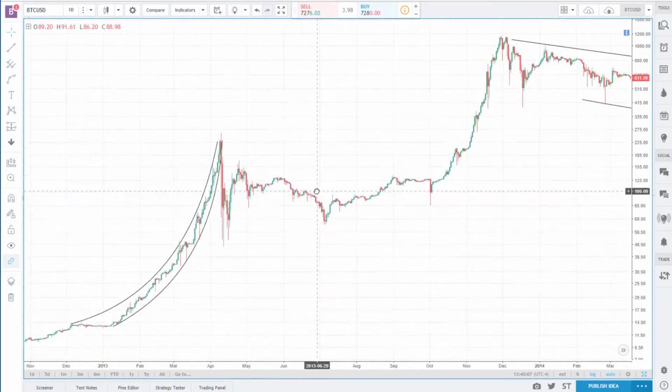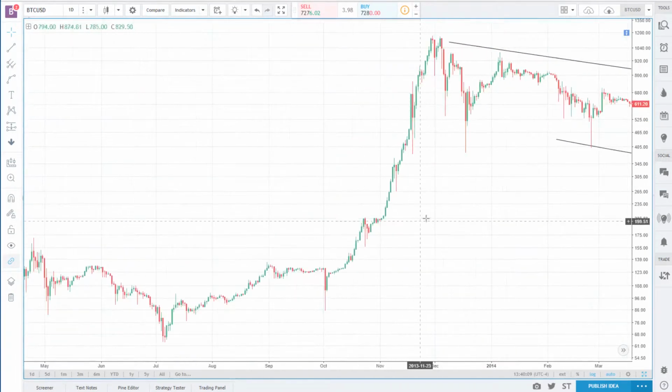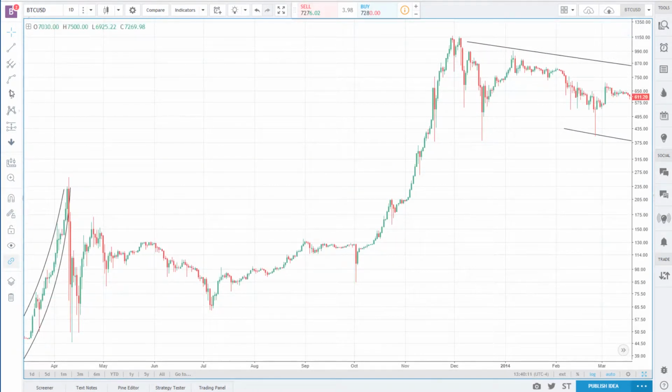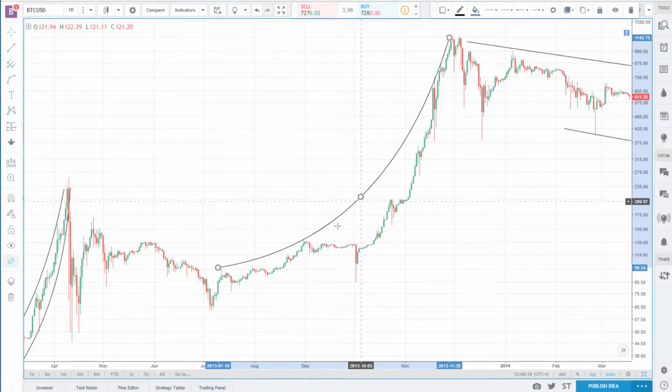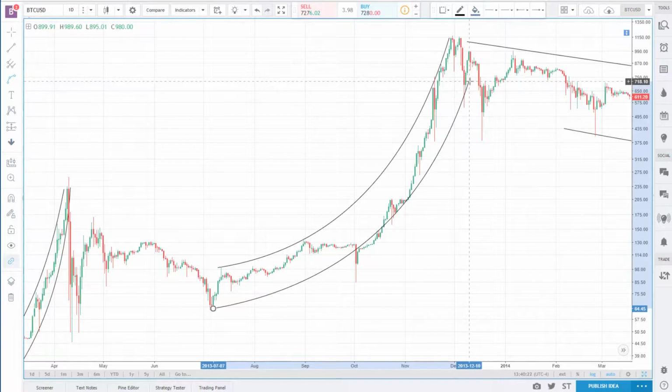And then we can do this again here as well. This one's a little bit more aggressive too, but it's parabolic nonetheless. It goes like this.